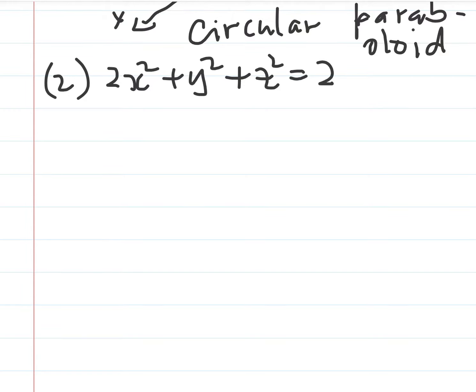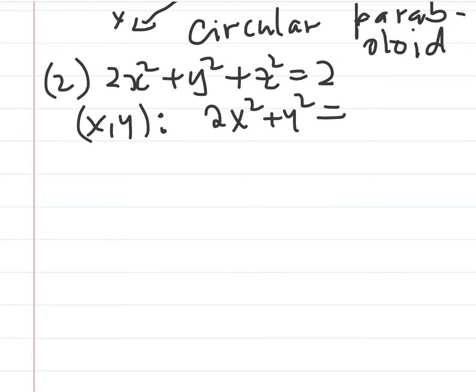It's clear that if you put z equal to 0, let's start with z equal to 0, that is the projection in the xy case, right? We'll end up with an equation that looks like 2x squared plus y squared equals a constant. So you've got 2 plus z squared, 2 plus a constant. So this is something like that. And you know this is an ellipse. So in the xy coordinates, this is an ellipse.